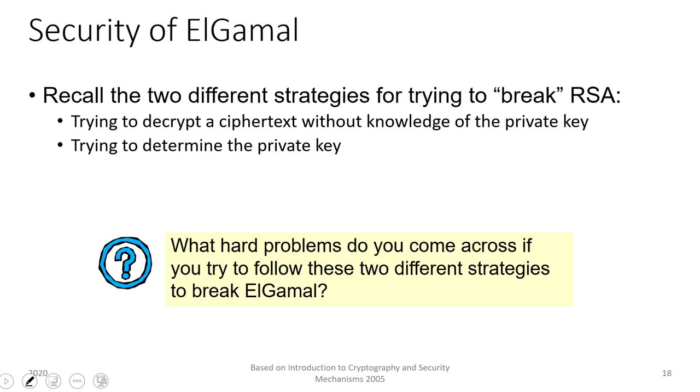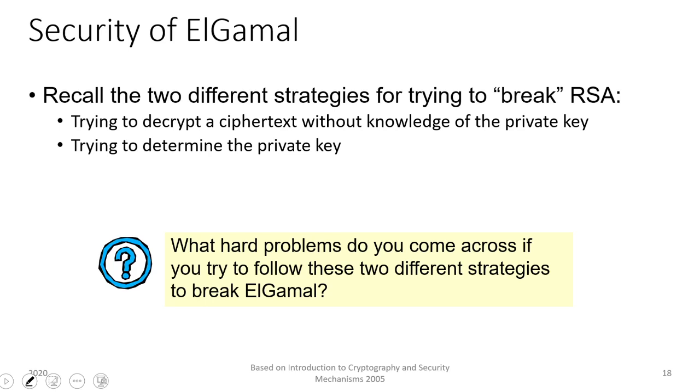So if we think about the security of ElGamal, you may recall that when we were talking about RSA, we briefly mentioned how we can go about trying to decrypt a ciphertext without knowledge of the private key, and also trying to determine the private key.